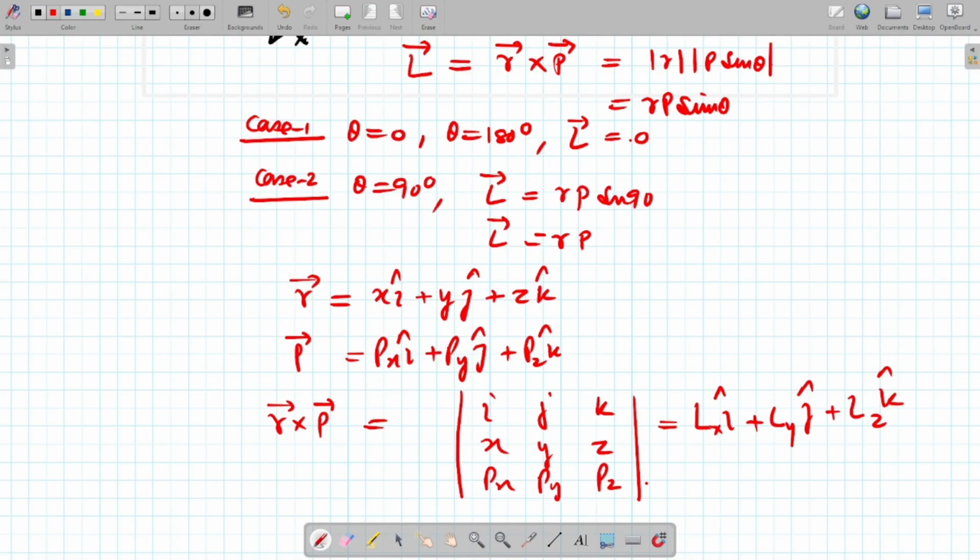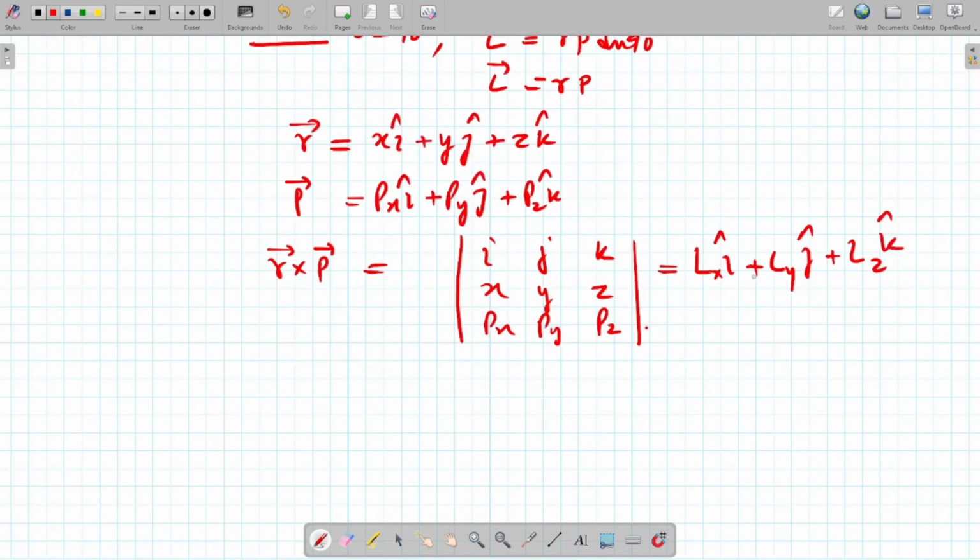And as such you already know how to solve the cross product of two vectors, that I have already taught you in the vector chapter. So from here you can take a cue accordingly.